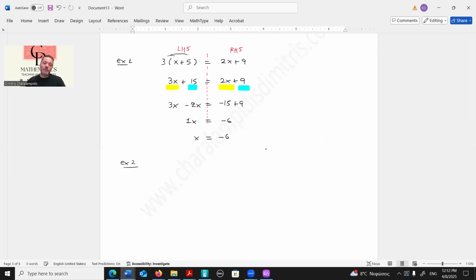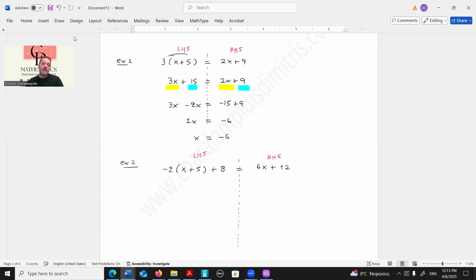Example number 2. Negative 2 times x plus 5 plus 8 equals 6x plus 12. Again, I will begin by visualizing a line that works as a boundary between the two sides, left-hand side and right-hand side.